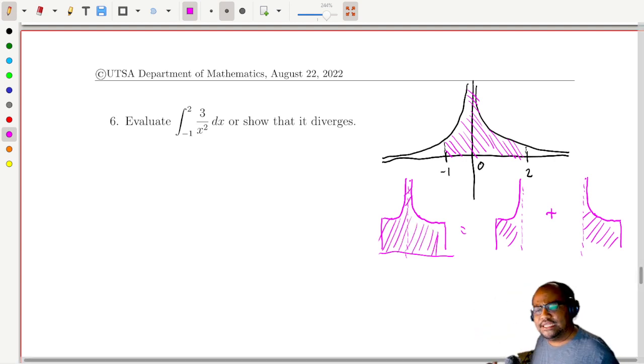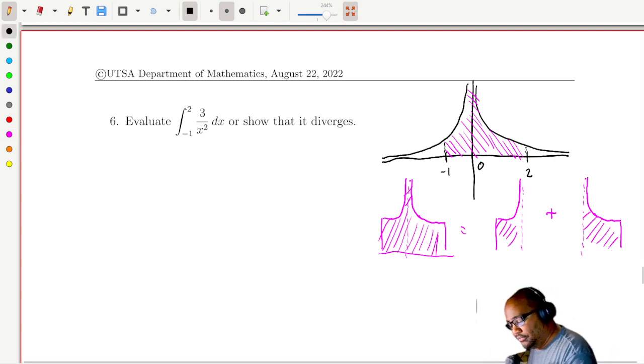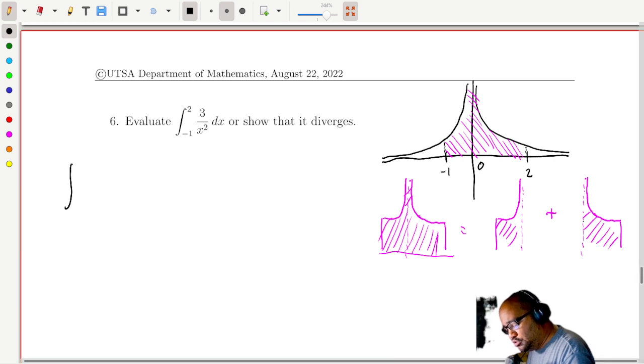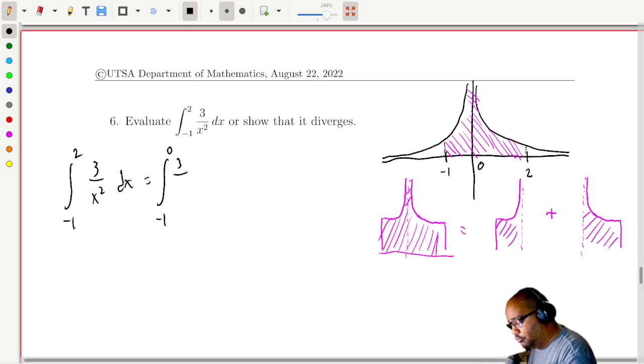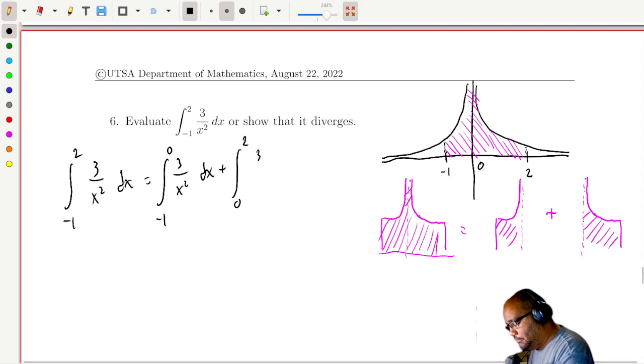But the question is, does that area make sense? So we're going to cut this into two integrals here. This integral from -1 to 2, we're going to express as the integral from -1 to 0, because that's our problem point, of 3 over x squared. And then we're going to continue integrating from 0 to 2.